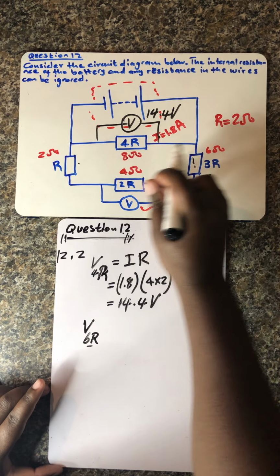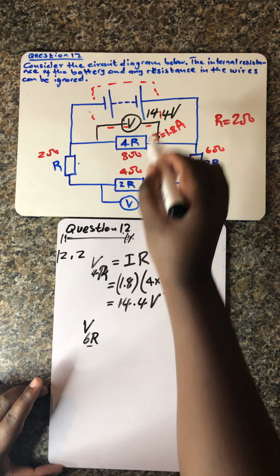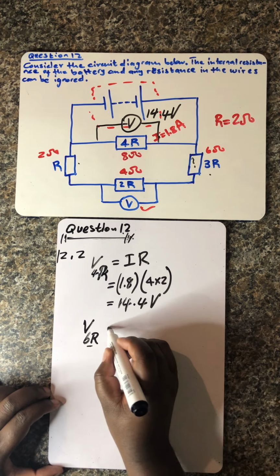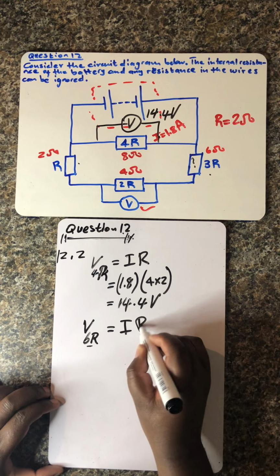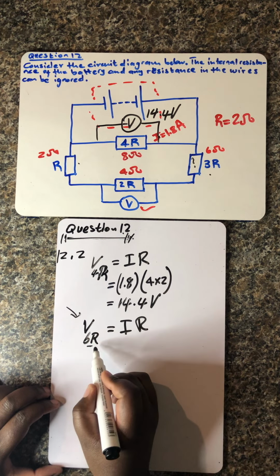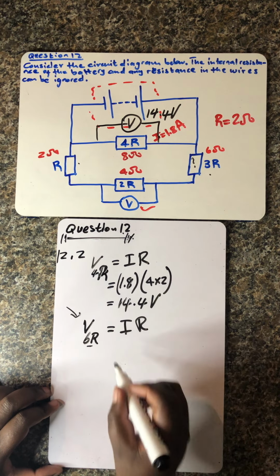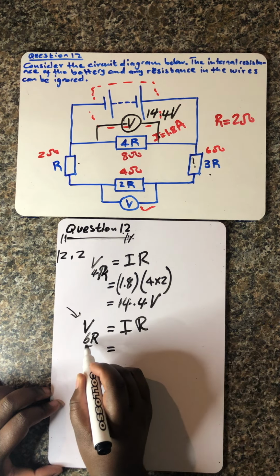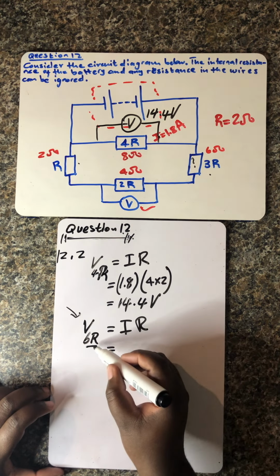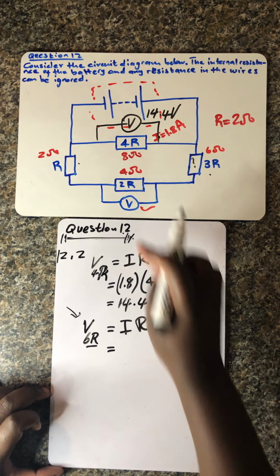It is the combination of these R's so that we make it 1R, then we know that V is for 6R. Obviously, we know at all times V is IR, regardless of whether it's V of 6R or V of whatever. So we just say V of 6R so that we don't forget that it's not a V for 2 ohms.